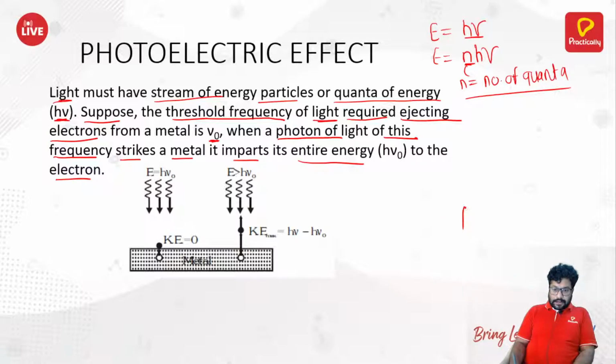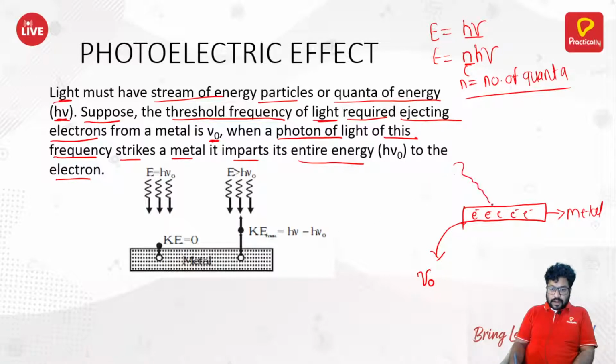See, this is your metal. And this is where electrons are. Suppose the frequency required for ejection to happen is nu zero. And this is the radiation falling on it. So your electrons are ejecting. And this radiation has frequency nu.